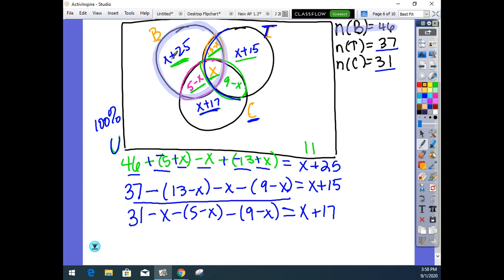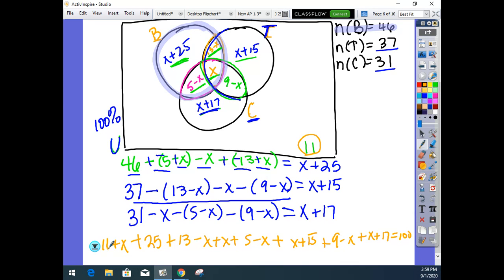I'm going to just start up at the top. X plus 25 plus 13 minus x plus x plus 5 minus x plus x plus 15 plus 9 minus x plus x plus 17 equals 100. Oh, wait, we got to add in our 11.